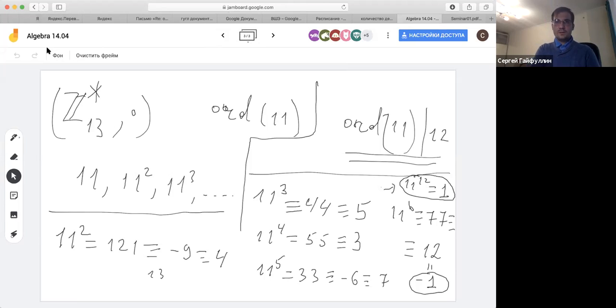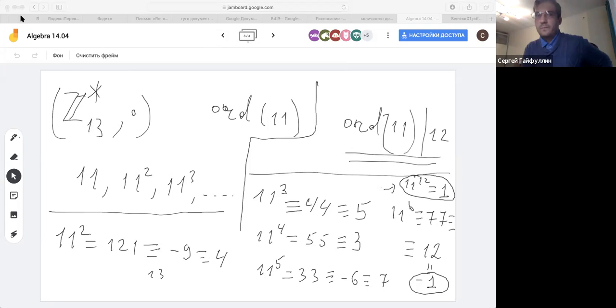Okay, let's begin with our second. Let me show. You have not seen because it is not in the browser. Okay, the first problem from this paper is to find left and right cosets of this subgroup in S3.